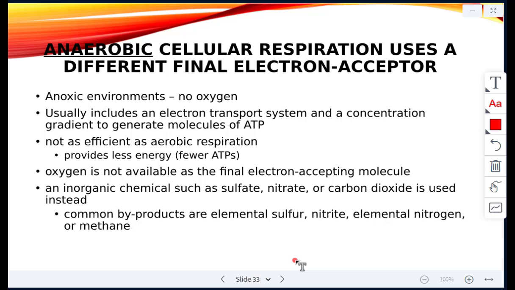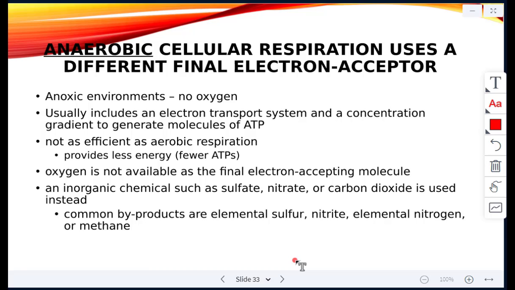All right, so like I said, anaerobic cellular respiration uses a different final electron acceptor than oxygen. In aerobic, it was oxygen, so anoxic environments contain no oxygen. It usually includes an electron transport system and a concentration gradient to generate molecules of ATP, but this method is not as efficient as aerobic respiration. So it's going to provide less energy, meaning fewer ATP will be generated.